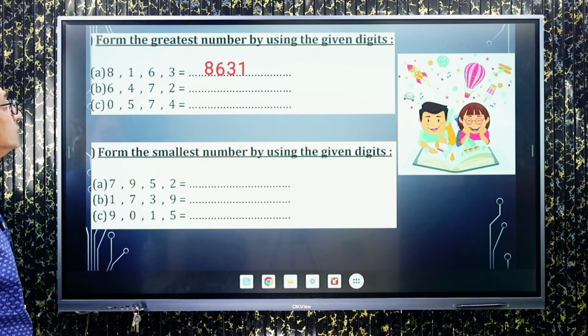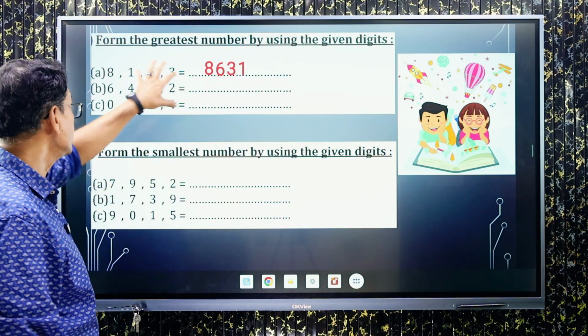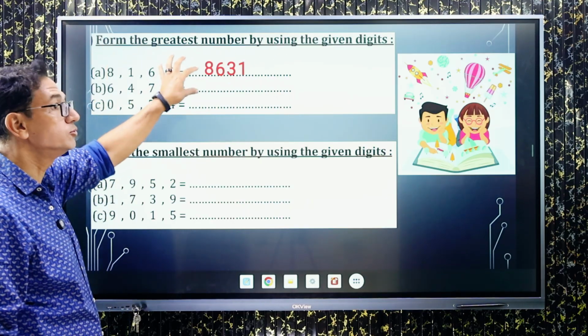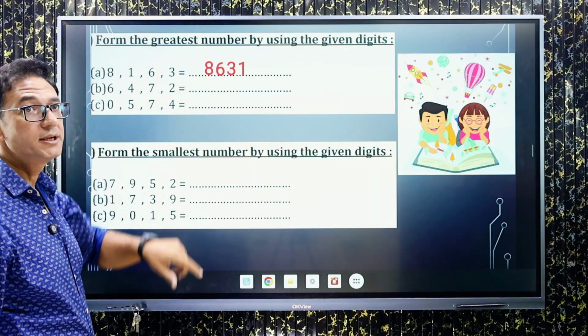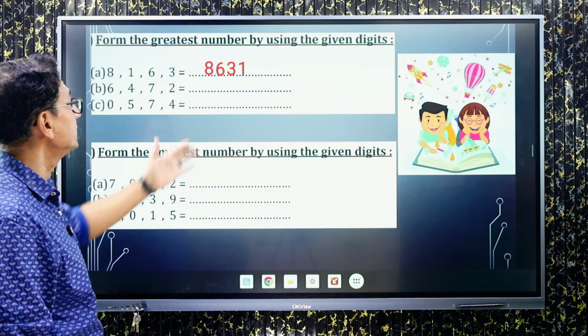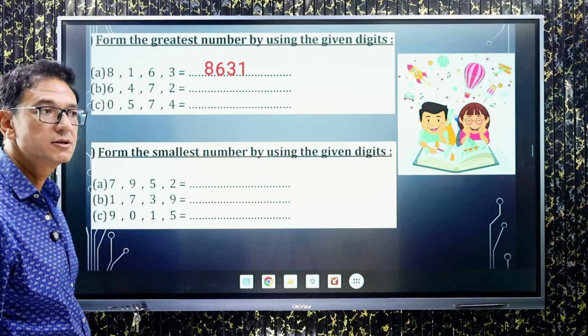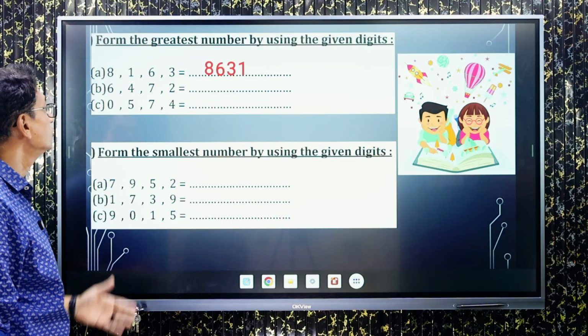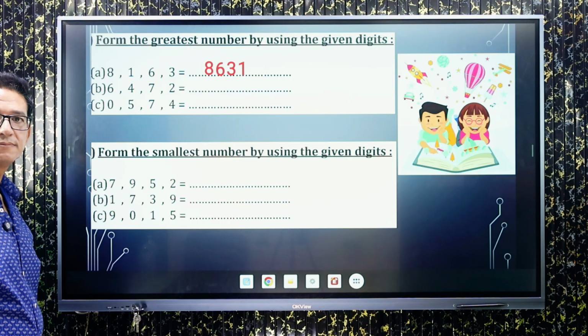Here we know the difference between a number and digits: we write the digits each one alone, putting commas between each two digits. But when we write a number, we write the digits without commas. So try to do number B yourself.